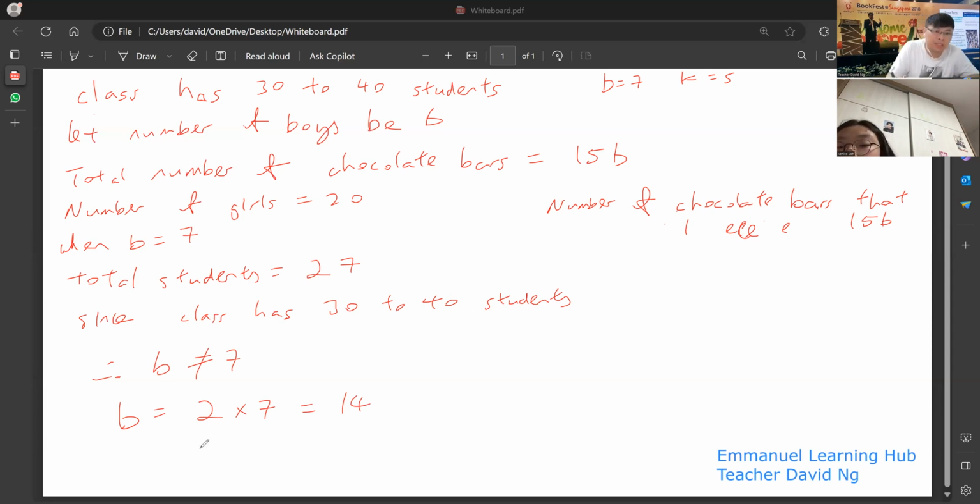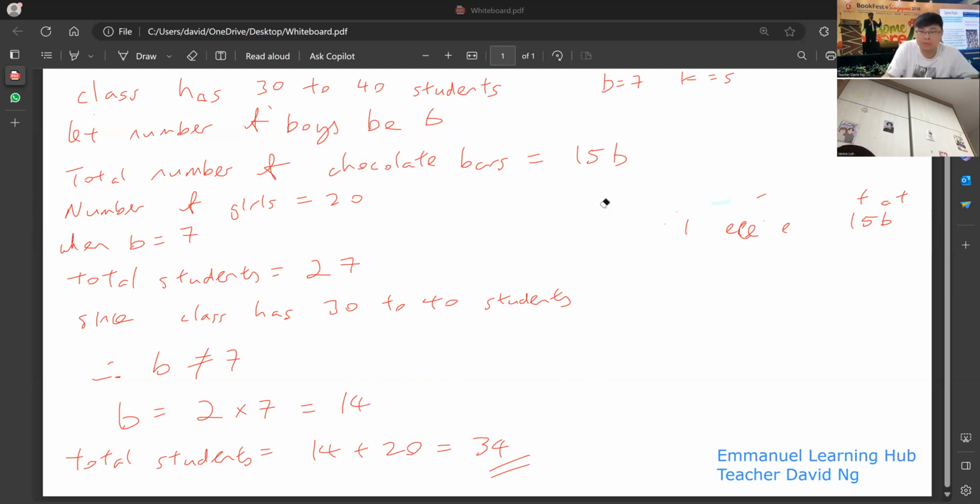So when B is 14, the total number of students will be 14 plus 20, 34. It makes sense, 30 to 40 students. So the number of boys is 14. Understand this part? Yes. Therefore, they want the number of students: 34. That one is settled already.